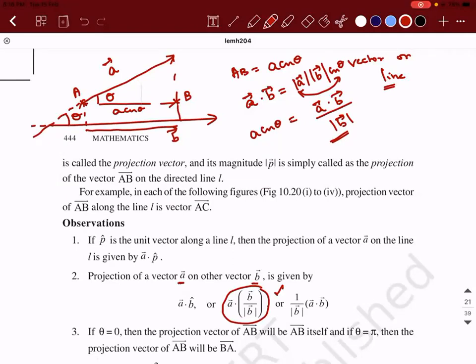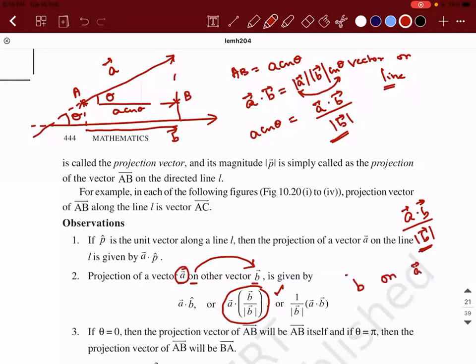So the projection of A vector on B vector is A dot B divided by the magnitude of B. How to remember this: in projection of A on B, whatever is the vector after the word on will be in the denominator. So if I put a question, projection of B vector on A vector, what will you say?